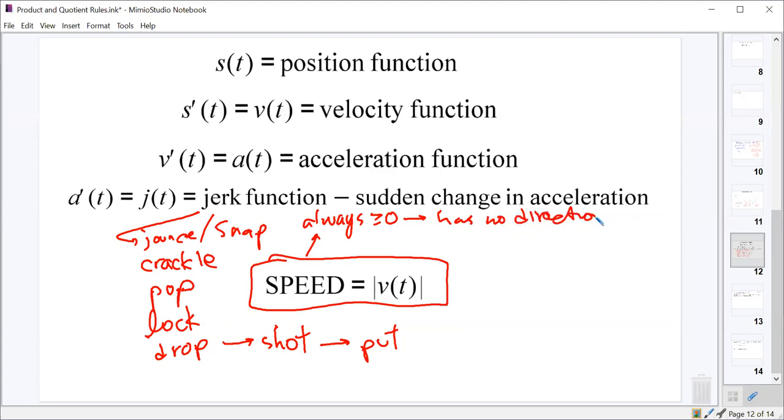We talk about the speed of something moving to the right or the speed of something moving to the left. It's the same. Whereas velocity has direction. So a positive velocity is to the right, and a negative velocity is to the left. Or a positive velocity is going up, and a negative velocity is going down. Everybody good with that?